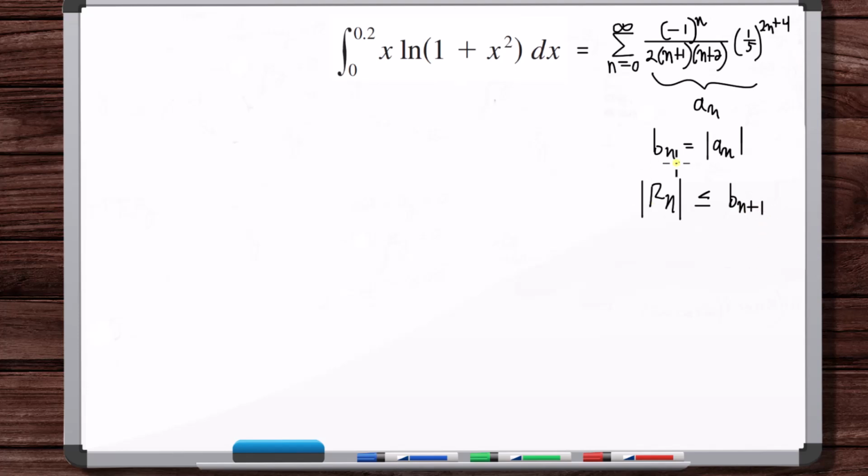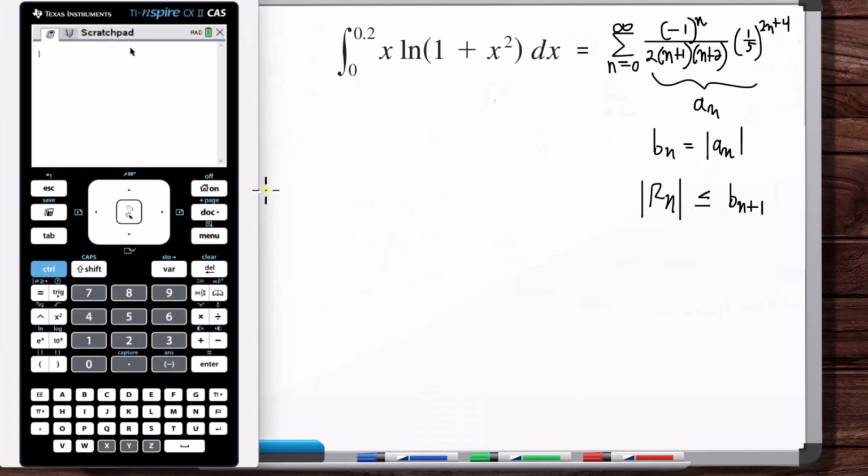So all we need to do is plug in n's, like n equals 0, 1, 2, into the B sub n, which is this without the minus 1 to the n. And so we get a value that's smaller than 6 decimal places. And then we know if we do the partial sum up to the point before that, the answer is going to be that accurate.